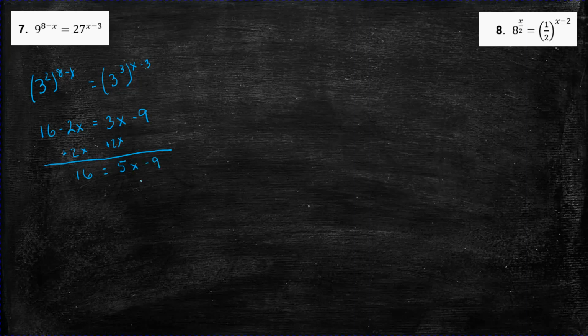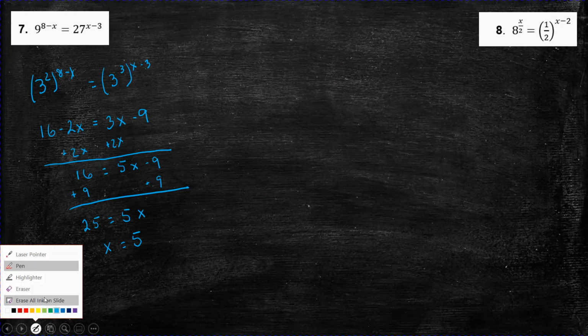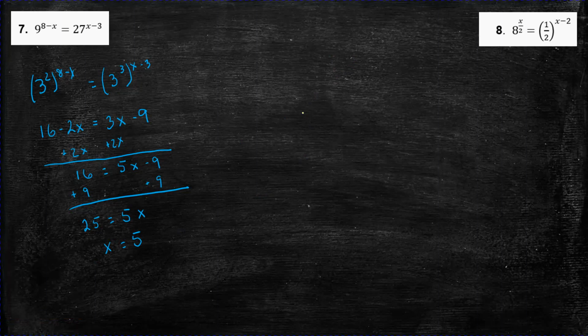Let's go ahead and add 9. And that's going to give me 25 equals 5x. So x equals 5. Divided both sides by 5. And I hope you guys don't mind me skipping some steps in here. I don't like showing all that algebra work, but all righty, here we go.